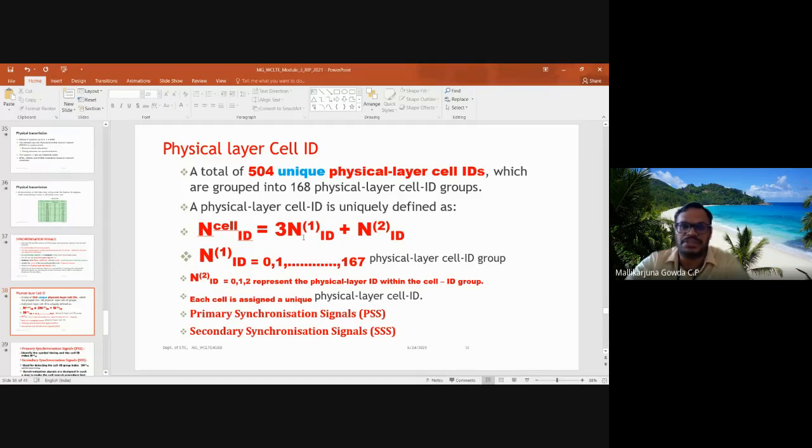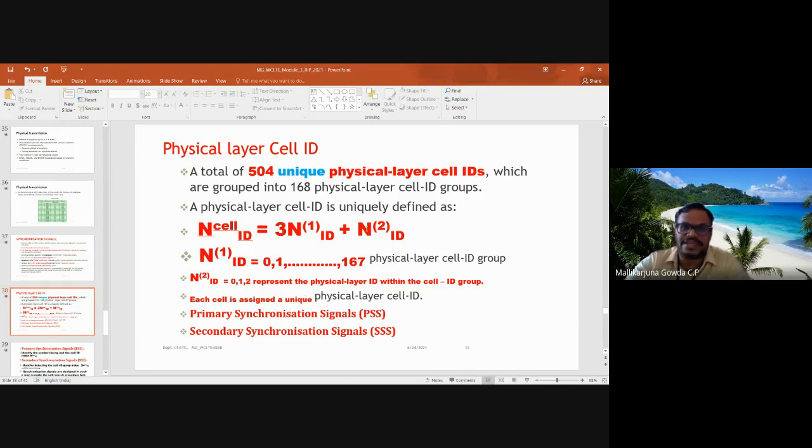If I multiply 168 by 3, you will get 504 unique physical layer cell IDs. And these 168 physical layer cell ID groups are grouped into 3 things.